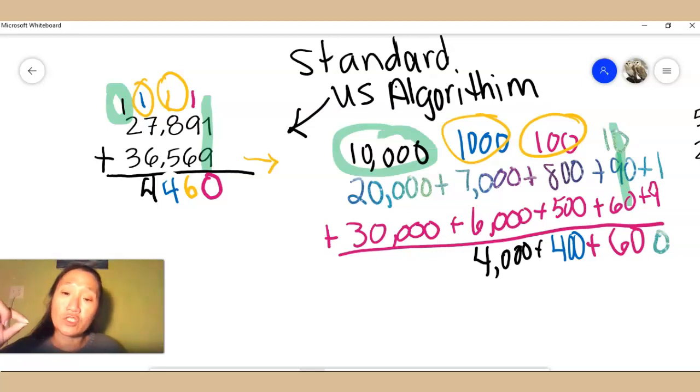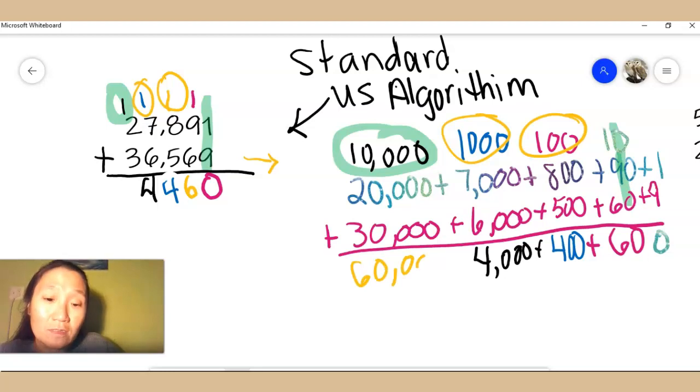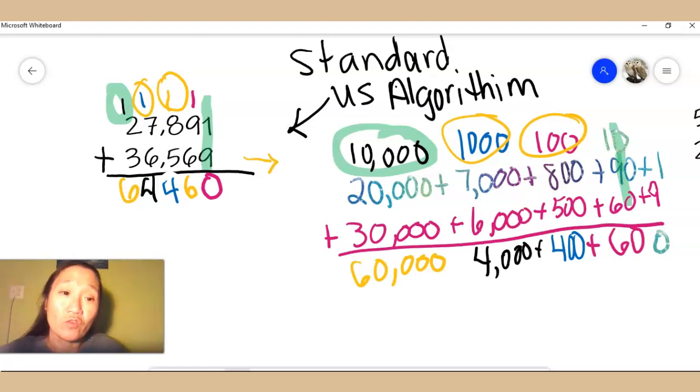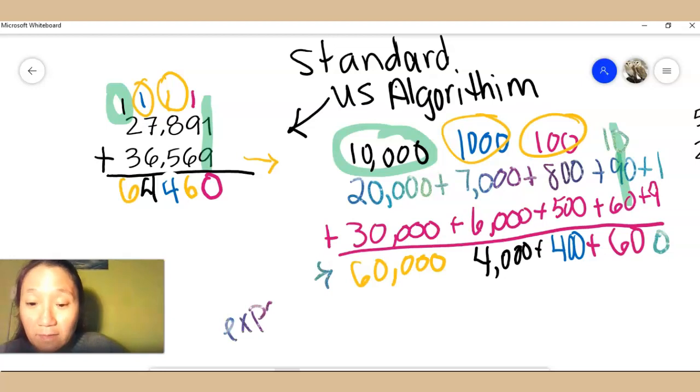That 1 above the 2 and that 1 above the 20,000 are the same numbers, just one's expanded. Then you have 20 plus 10 is 30, 30 plus 30 is 60,000, and then this is going to be 6 right there. So that is what the US standard algorithm looks like versus expanded form.